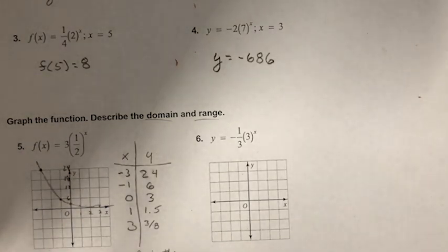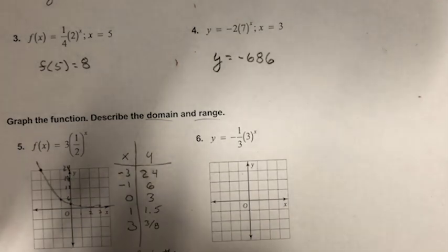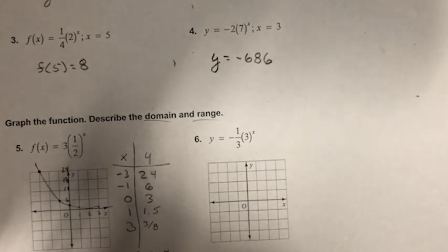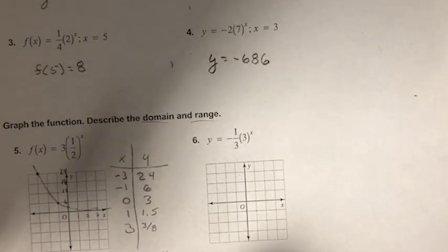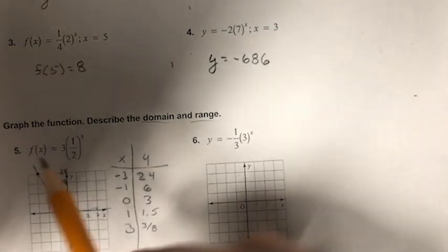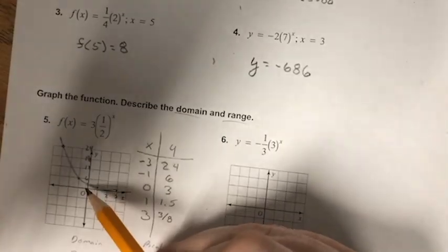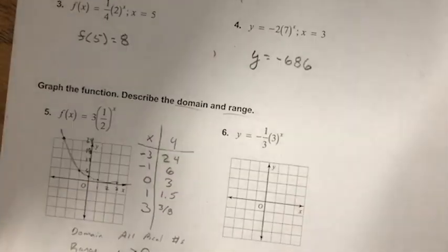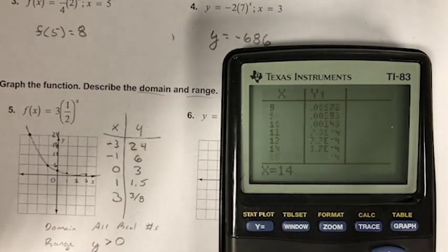What that means is that it's actually saying that y is greater than 0. I can get all the y's from here and up, but I can never reach 0. And I can keep going until infinity.